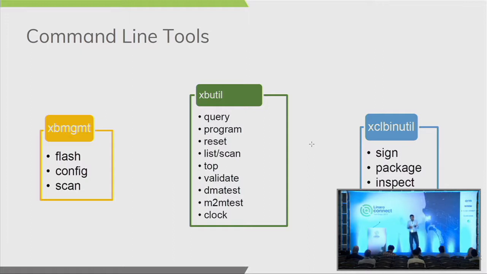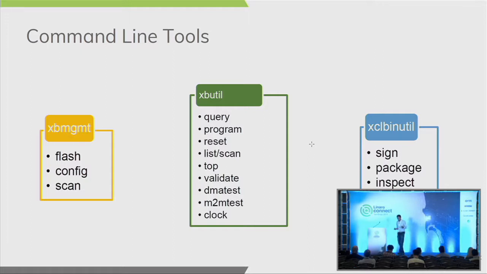And xbutil has a whole set of subcommands that are most interesting for end users to query the device, look for its status, and request a reset. With xbutil top, it'll give you live metrics of the device: how many compute units are being used, how much memory is being used, how much data has transferred, and of course, xclbinutil.